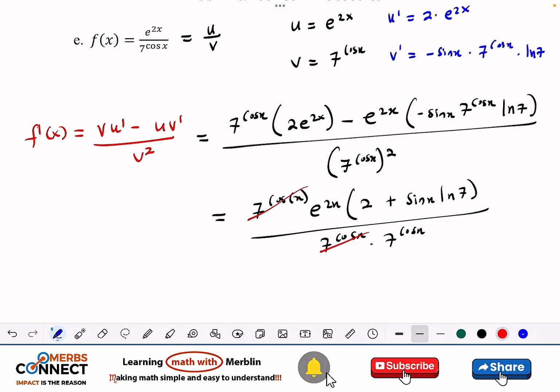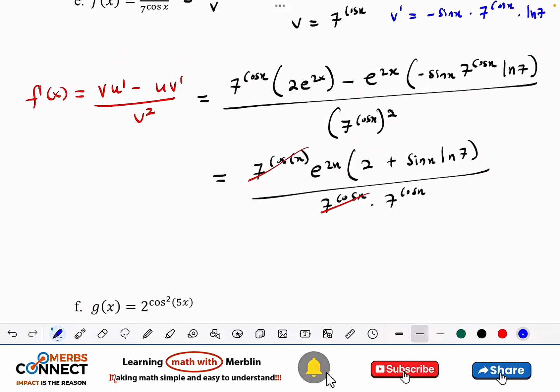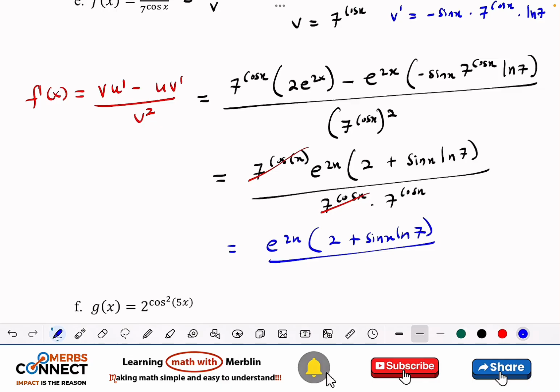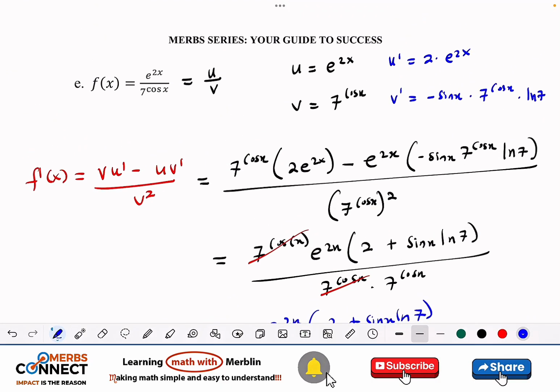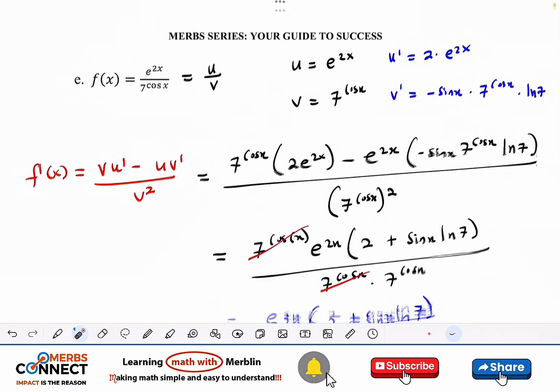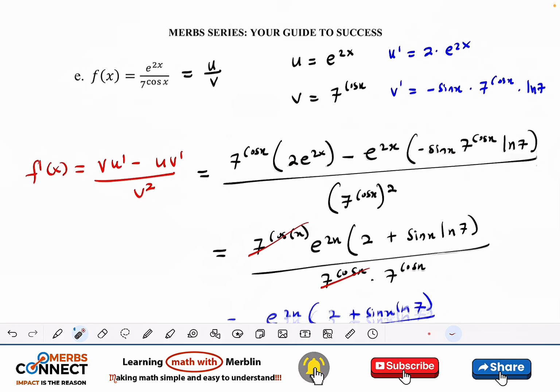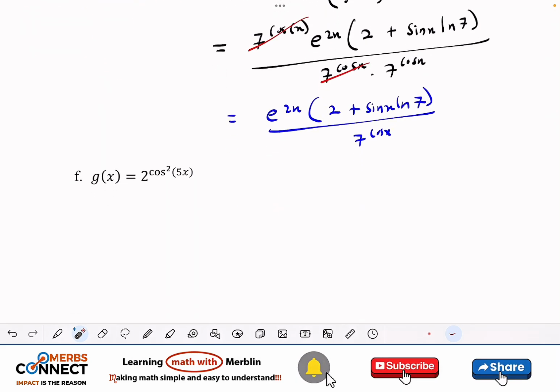So we are going to have something like this: e to the power 2x times 2 plus sine x natural log of 7, divided by 7 cos x. So this is what you are going to get. So knowing the quotient rule is good, but we should also be able to differentiate the individual functions as we've grouped them.